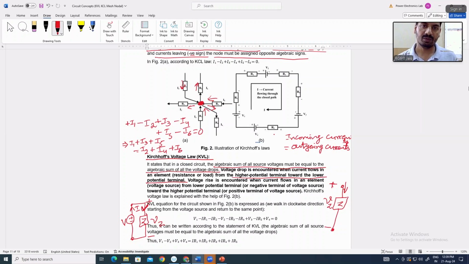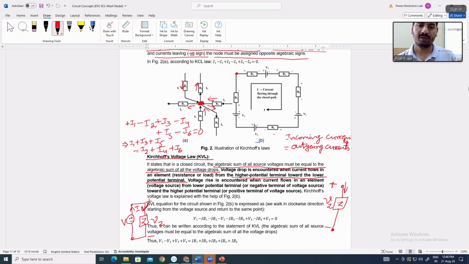Suppose I start at this point, I will complete this path and reach this point again, calculating all the voltages in this loop. So how can we write the KVL equation of this loop?